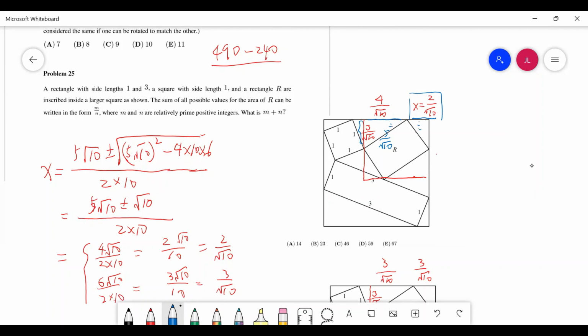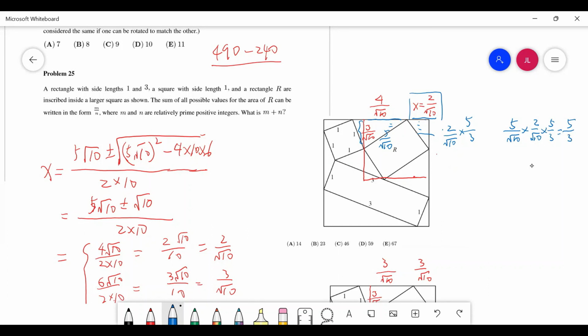This is 3. So this side is actually 2 over square root 10 times 5 over 3. Right? It's easy to find the area for this triangle: 5 over square root 10 times 2 over square root 10 times 5 over 3. So we can simply find the answer is 5 over 3, right? Okay, so this is the first case.